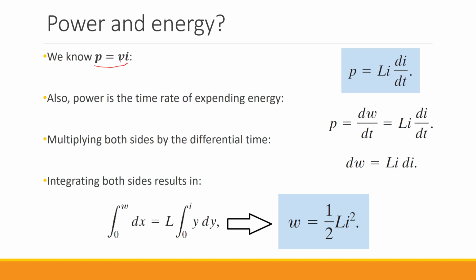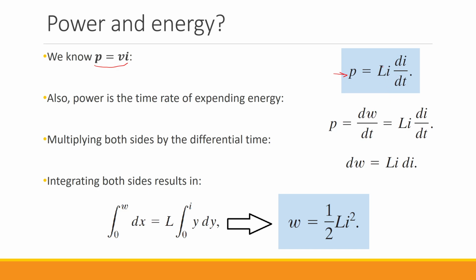So we know the equation for voltage is L di over dt, and the current is current itself. So the equation for power is going to be basically L i di over dt. So as you can see, the power that the inductor consumes, or you can say the power that is related to the inductor, is also changing with the change of current over time.